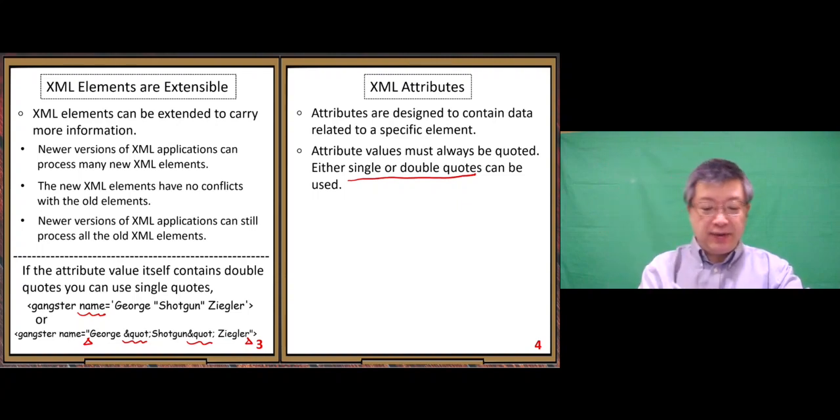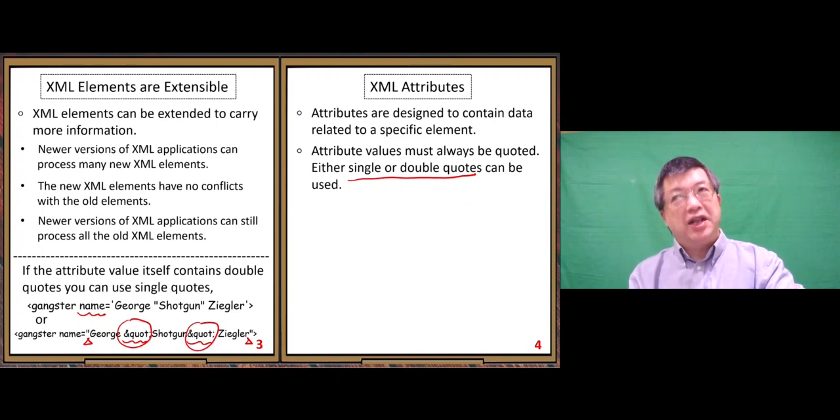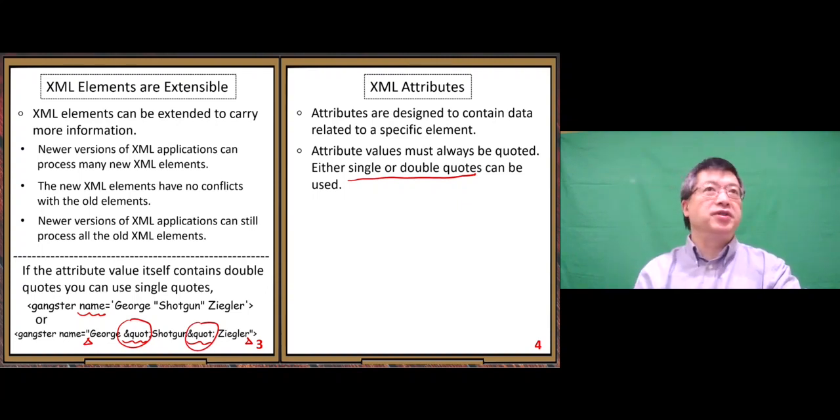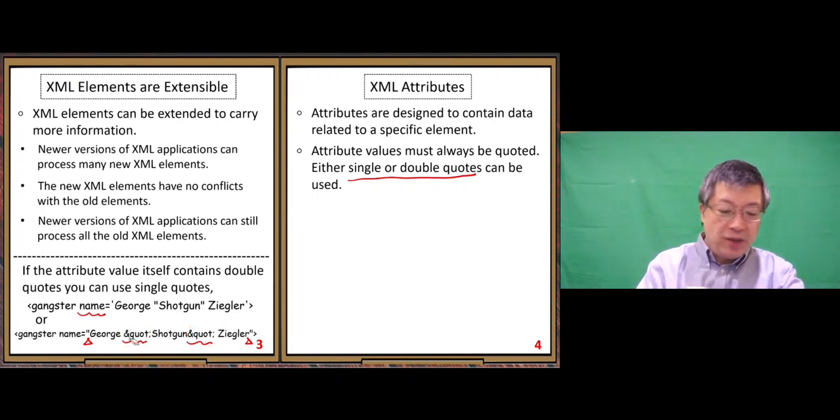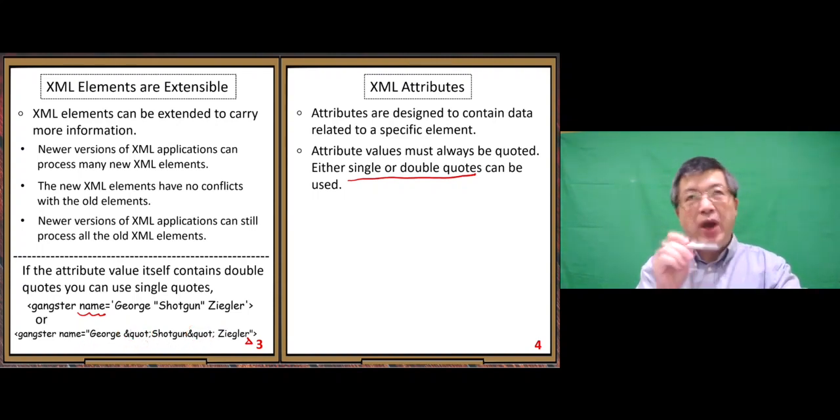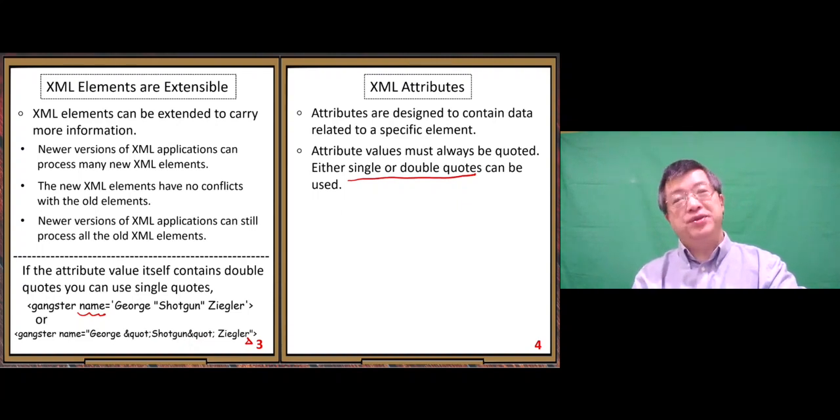Last time we learned only 5 XML entities, not too many. This is one of the 5 XML entities, so we can use that. Typically, we can use these 2 ways.